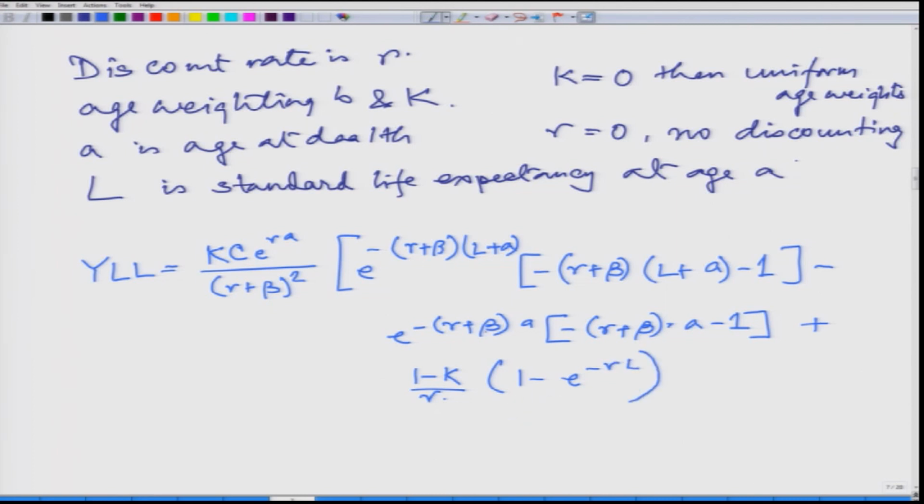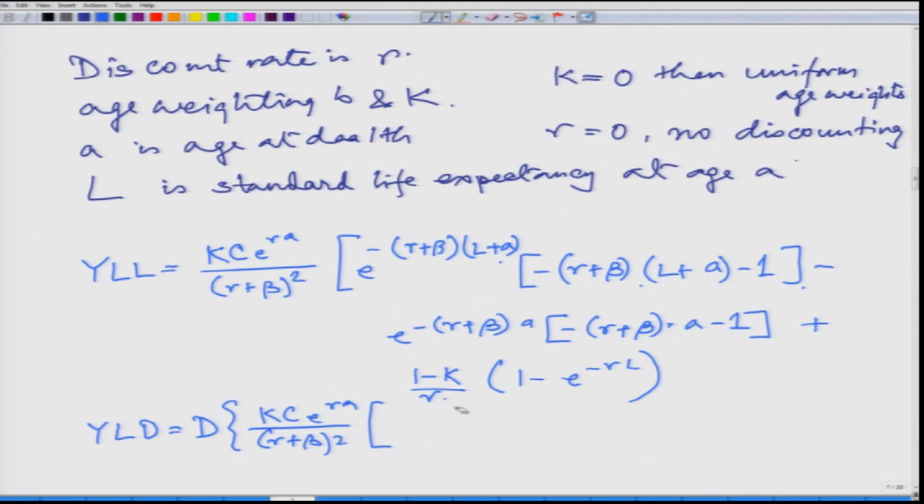I'll just check the formula, L plus A minus R plus B, L plus A minus 1, perfect. Whereas this YLD is the disability weight, and then the rest are the same.